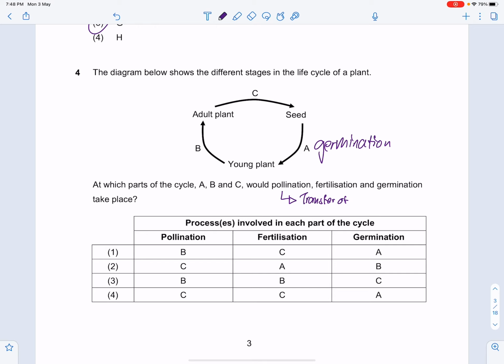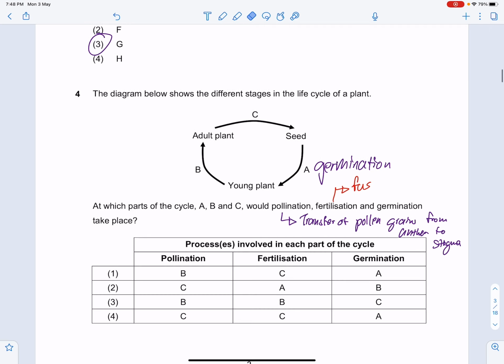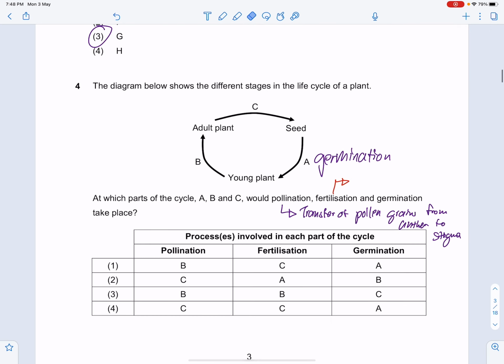Transfer of pollen grains from anther to stigma, whereas your fertilization talks about the fusion of your male and female sex cells.